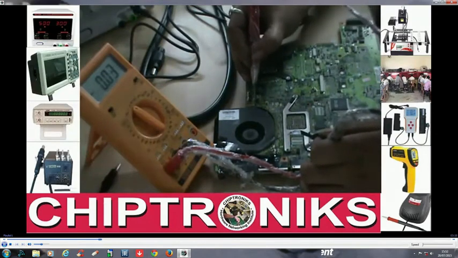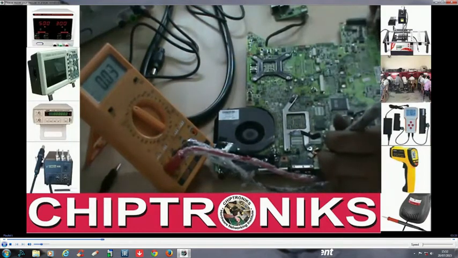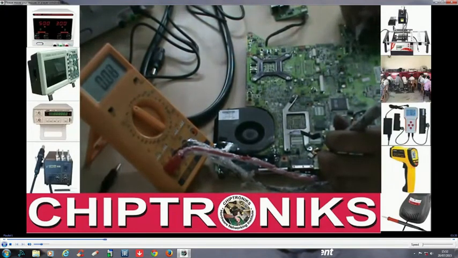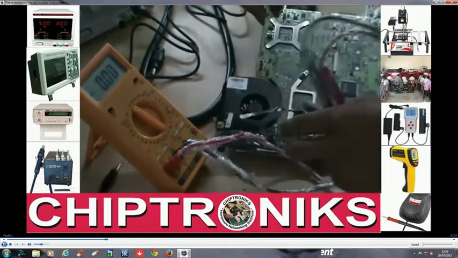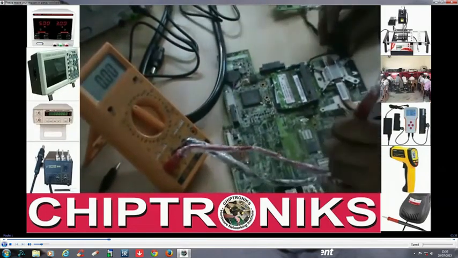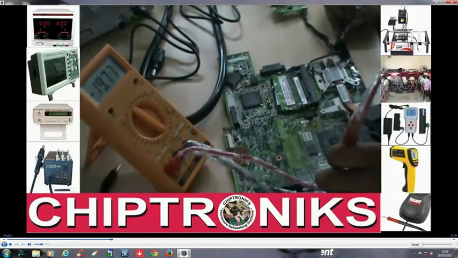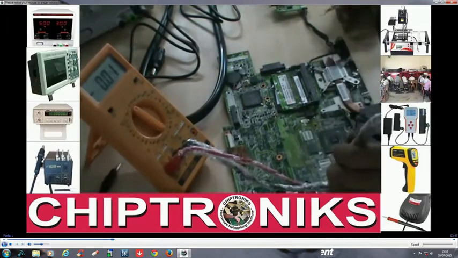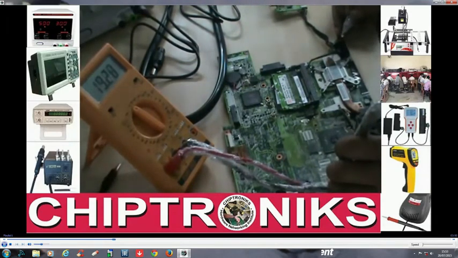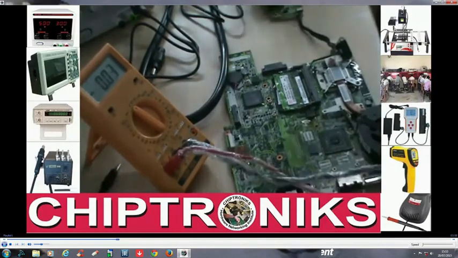Look, no voltages. Here also you see no adapter volts. Now when I check over here, here I get adapter volts, but here no voltages.